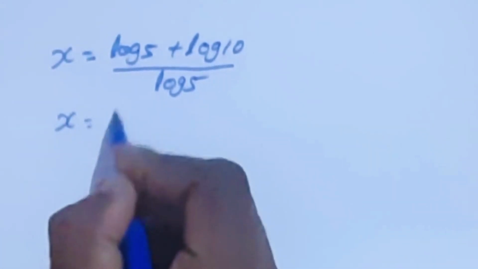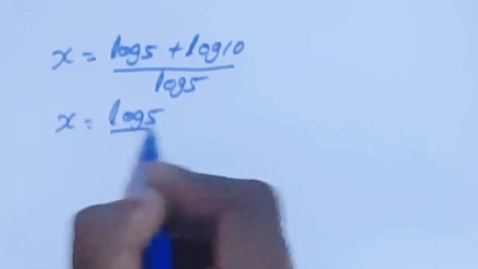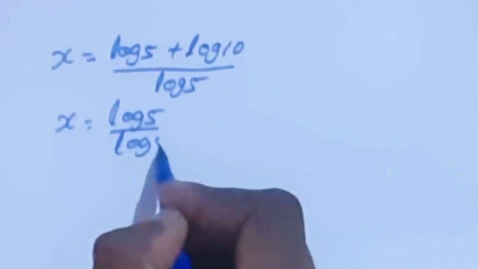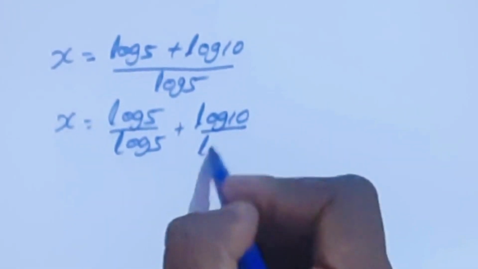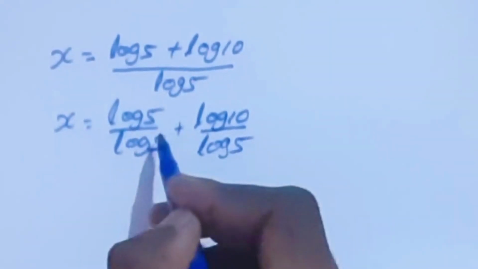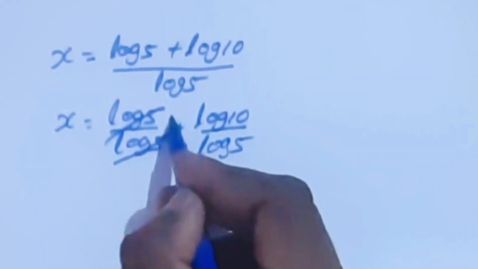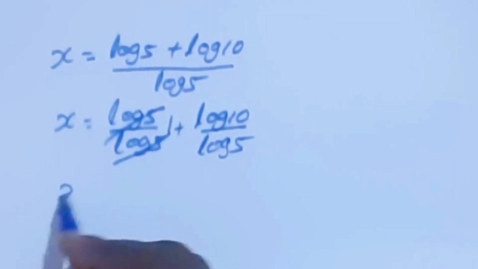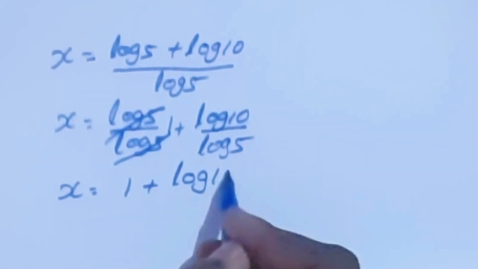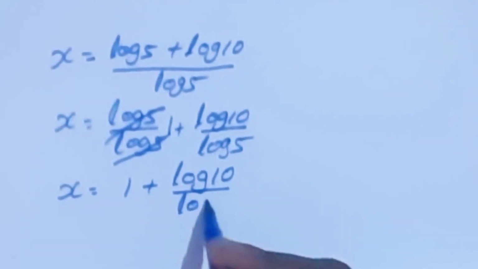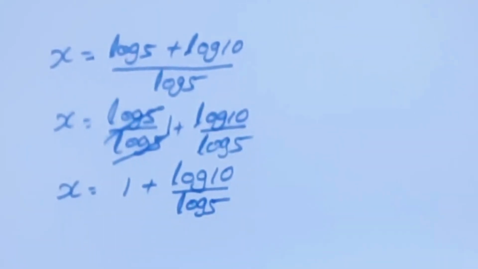Here x equal to log 5 by log 5 plus log 10 by log 5. Now this log 5 cancels this log 5. Here we have 1. So x equal to 1 plus log 10 by log 5.